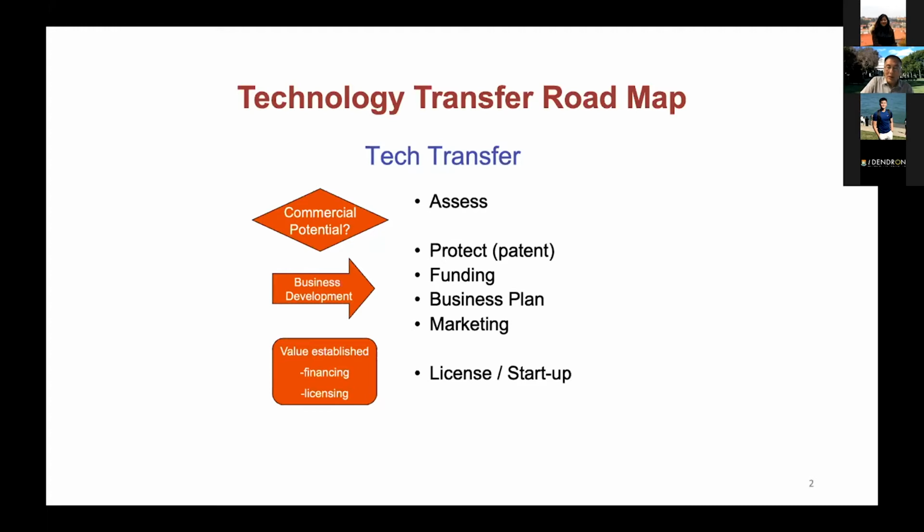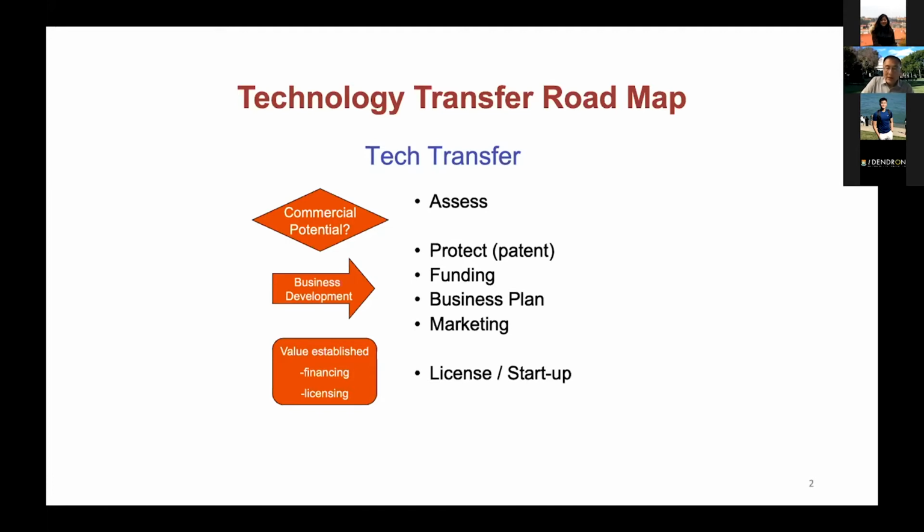And meanwhile, we have to do a thorough BD, business development, homework, based on protecting the IP, which is the patent, and also fundraising, because you have to get the money. To get money, you need to have a good business plan. Meanwhile, before getting the business plan and funding, you need to have good marketing research.